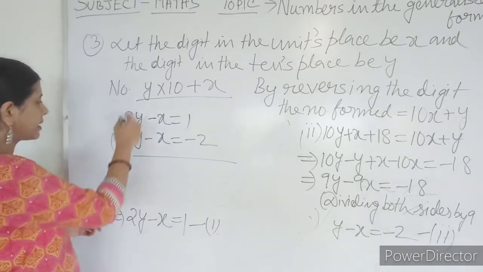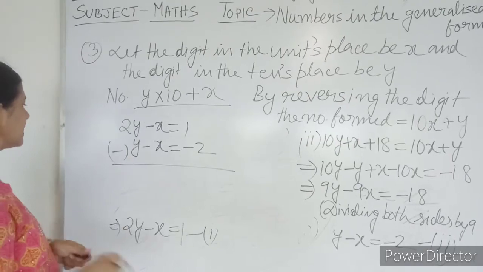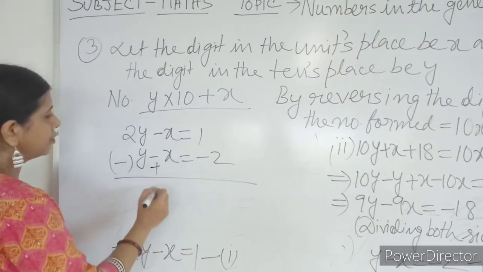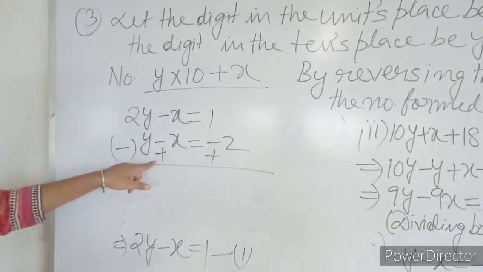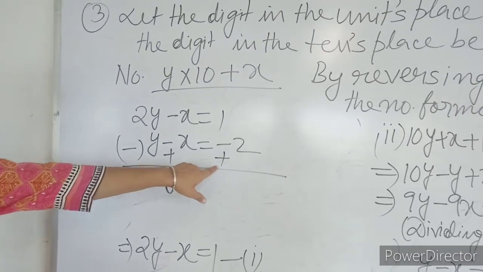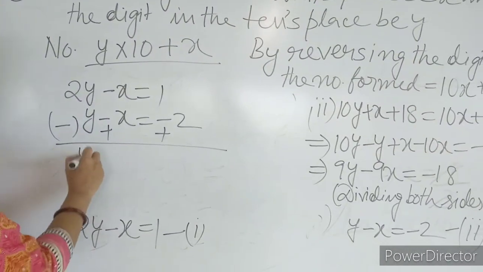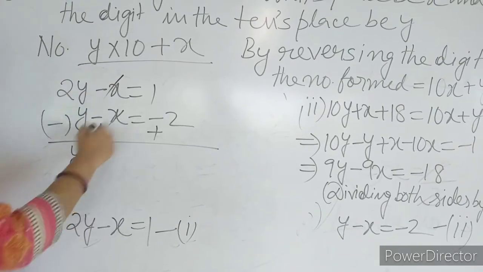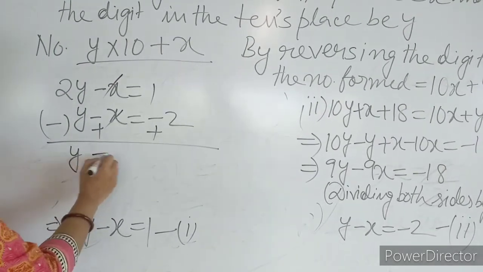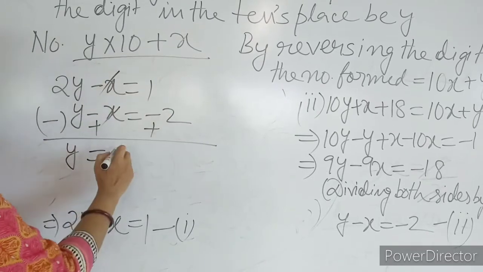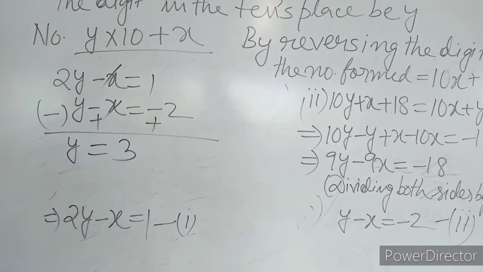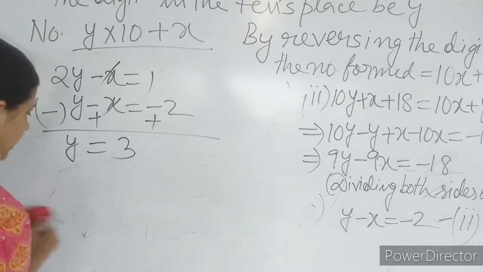If I subtract, the signs will change. 2y minus y is only y, minus x and plus x cancel, and 2 plus 1 equals 3. So I am getting y equal to 3.